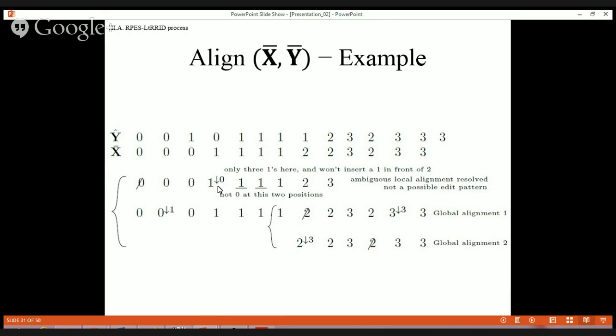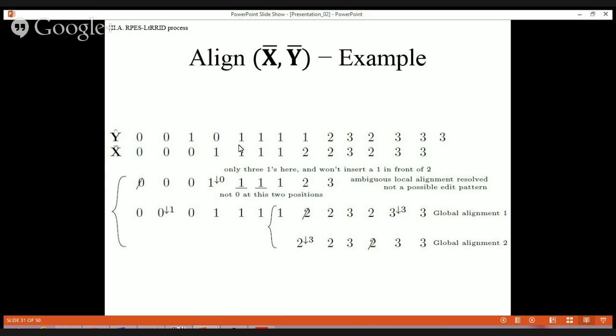So in the first alignment, because the length now L1 is 4, L is 1, it must be the case that there is an insertion of a different symbol, breaking the 4 ones into 2 runs.